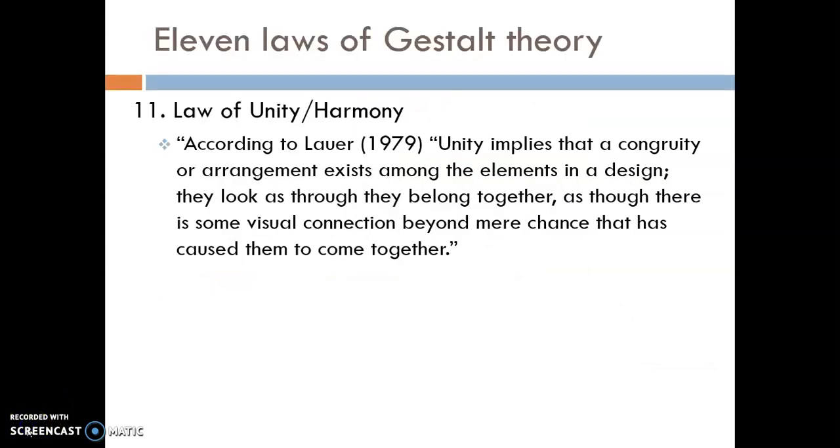Okay, the last one of the design laws is the law of unity or harmony. With the law of unity, elements that have a visual connection are perceived as related, whereas elements with no connection are not related. Okay, you can see the example from the next slide. For figure 11.1, you can see that this is not unity or harmony, but figure 11.2 is a good unity. Why?